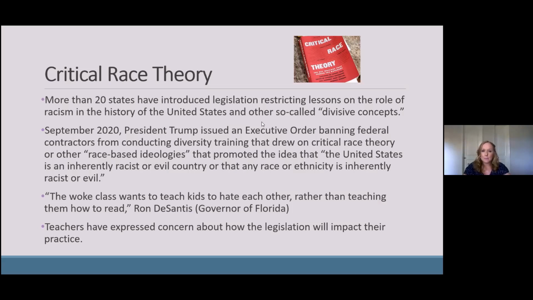So in September 2020, President Trump issued the order banning federal contractors from conducting, quote unquote, diversity training that drew on critical race theory. But I think it was pretty much any diversity training that talked about race-based ideologies and promoted the idea that the United States is an inherently racist or evil country, or that any race or ethnicity is inherently racist or evil.